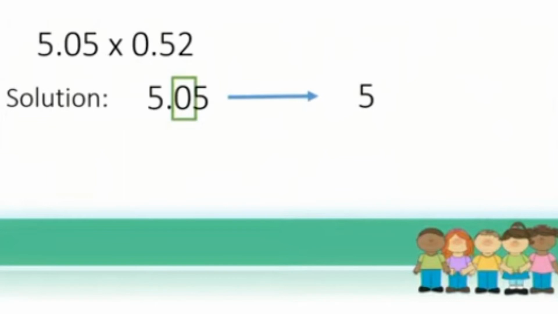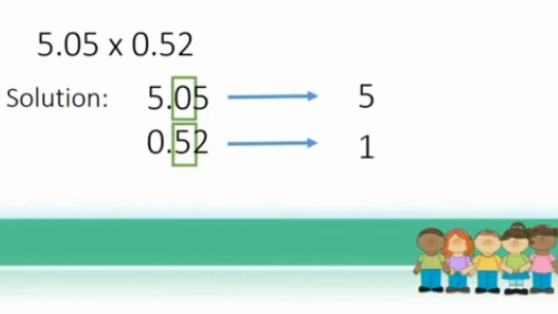If we estimate the decimal number 0.52, look at the number in the tens place, which is 5. If the number is equal to or greater than 5, round up to the nearest whole number by adding 1. Since the number is 5, let us round up.